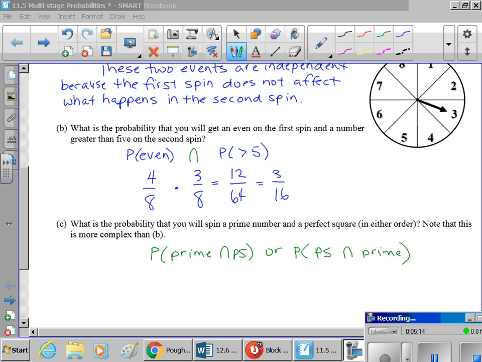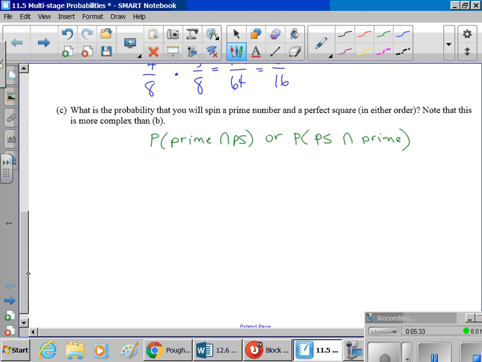I guess that's the number I'm looking for. So prime and perfect square. Well, I have 1 out of 8 here. Okay, so I'm a little fried.